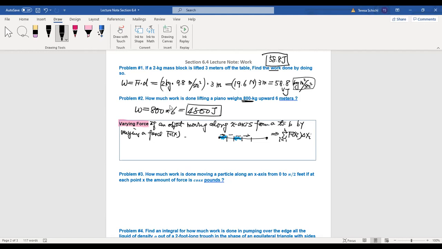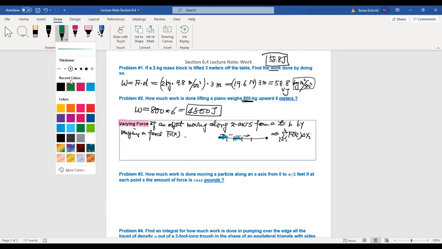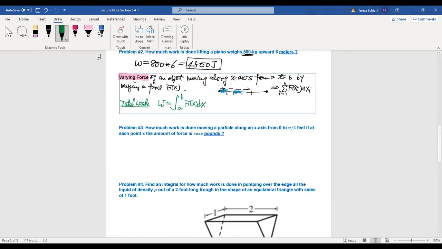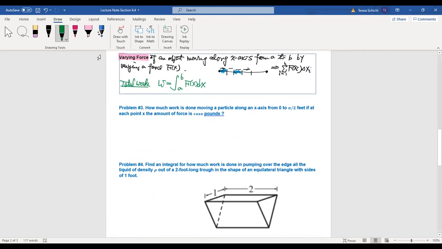So the total work, if your force is not a constant, W will be equal to the integral from A to B of f of x dx. You integrate, and for each sub-interval you have a different force here.